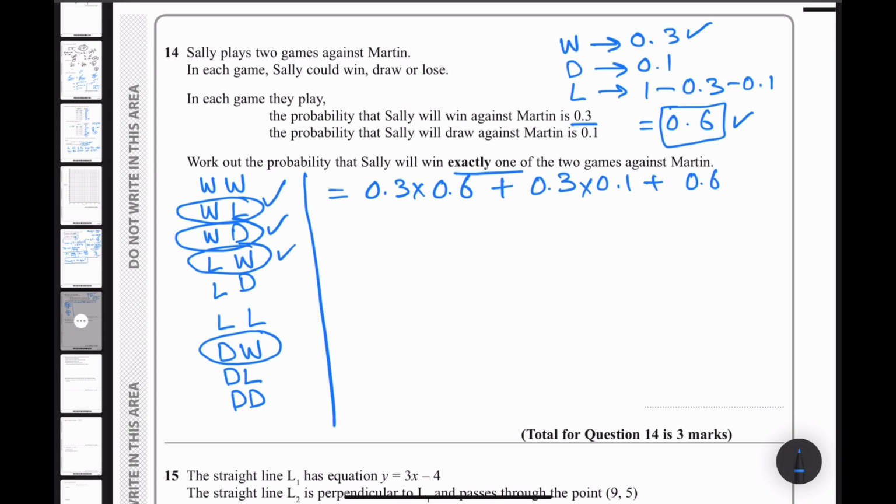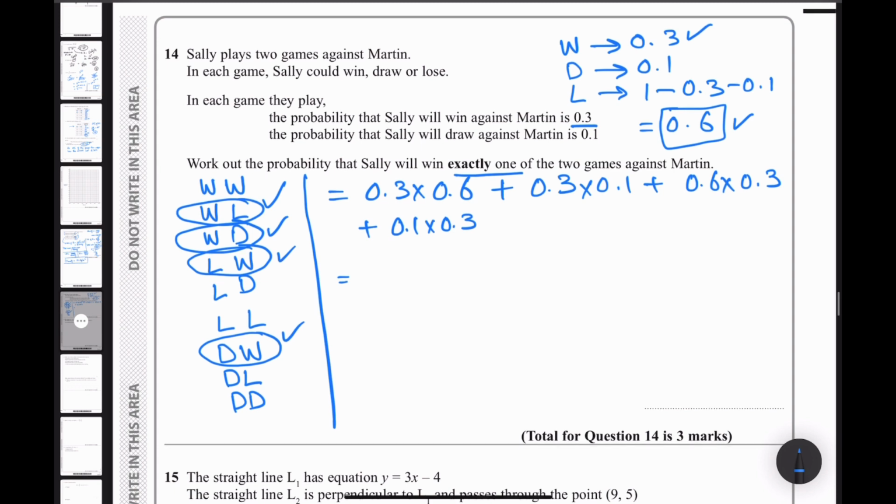Lose is 0.6 and win is 0.3, plus draw-win. Draw is 0.1 and win is 0.3, like that. Now we'll just add them up. So 0.3 times 0.6, you'll think of it as 3 times 6, that will be 18, and it will become 0.18.